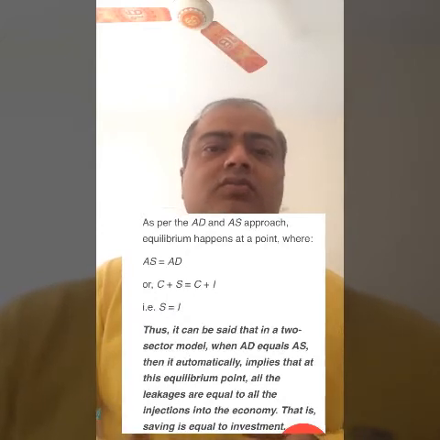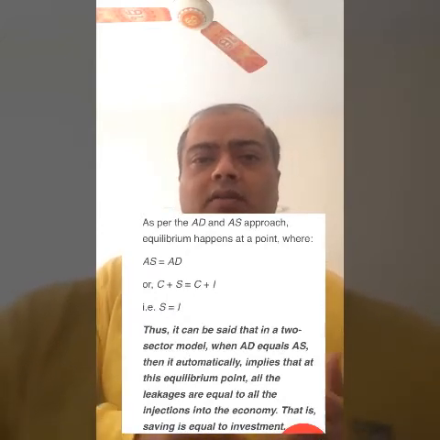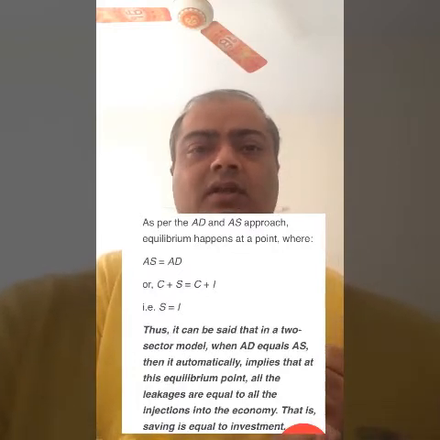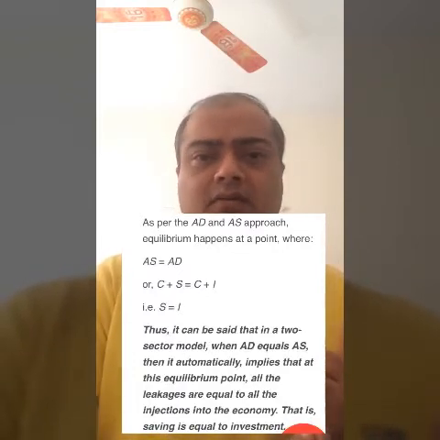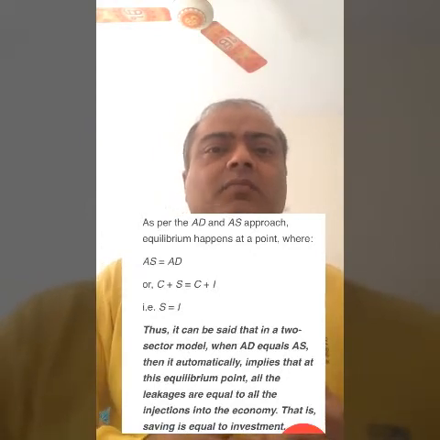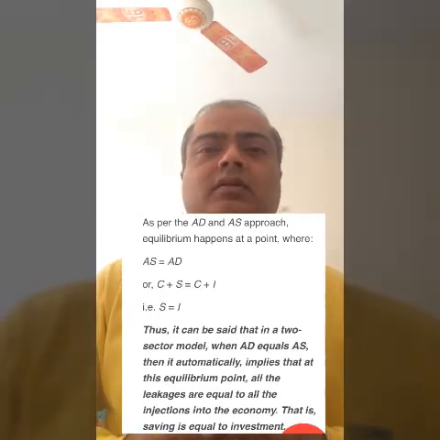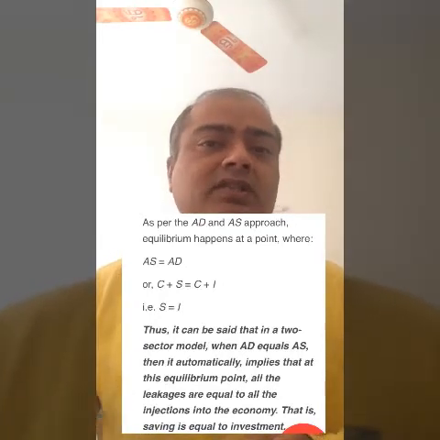So in the short run, you can say the economy is said to be in equilibrium when either aggregate demand is equal to aggregate supply Y, or, the second aspect, when planned investment is equal to planned savings.